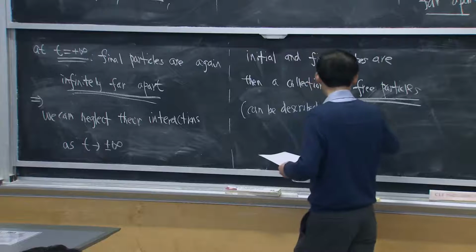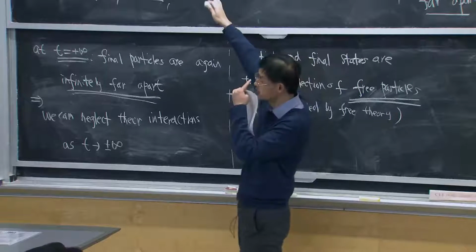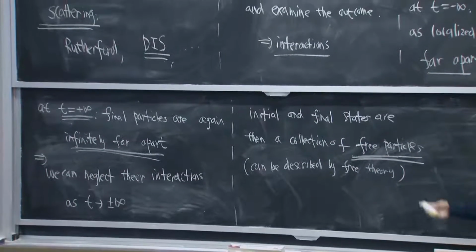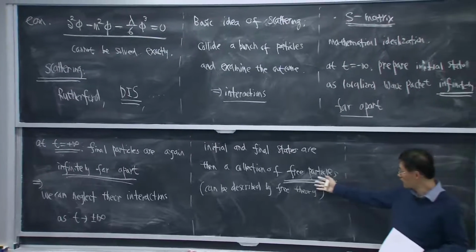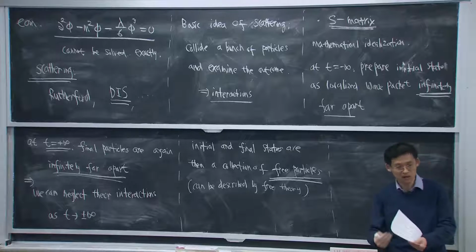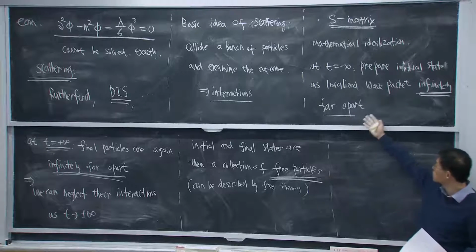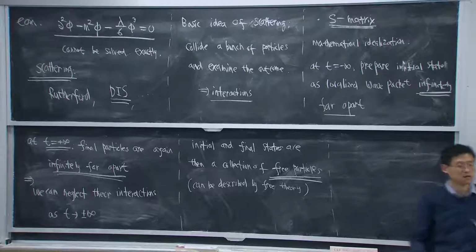This is very important because, remember, we cannot solve this kind of interacting theory exactly. But we can reliably, almost to infinite accuracy, talk about the initial state and the final states, as precisely as we can, as we go to t plus or minus infinity.